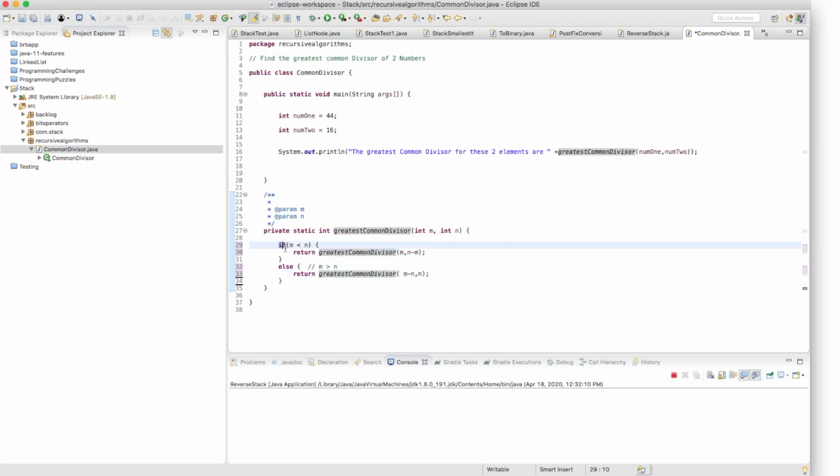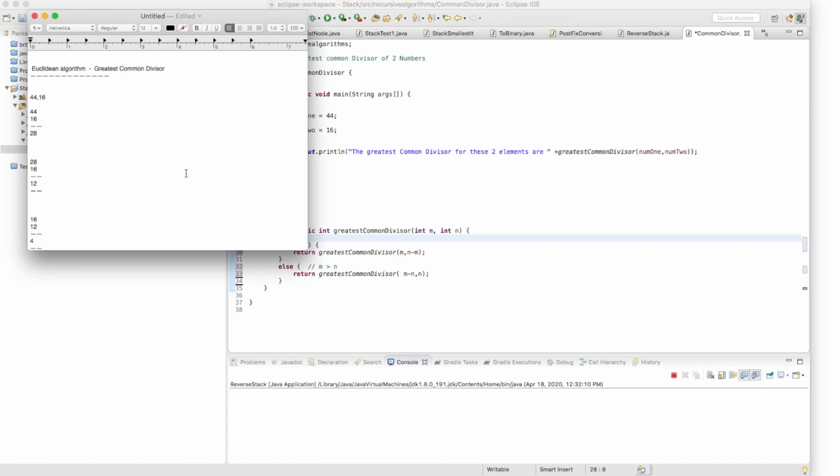If it goes through this recursive loop, at some point you will have m and n both as equal, as we saw in the example. If 44 is greater than 16, it will subtract 16 from 44. Then if 12 is greater than 4, subtract to get 8. 8 is greater than 4, it will subtract 4.